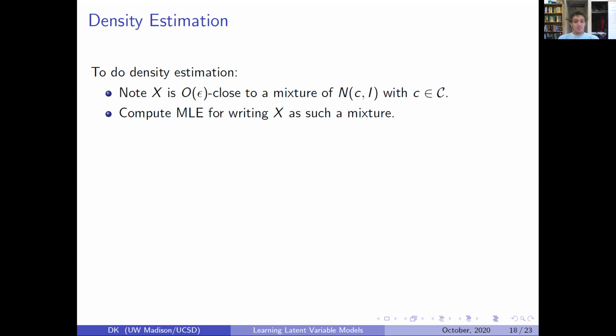So what we have is an explicit set of probability distributions, and we have an X that we're promised is close to a mixture of these distributions, and we want to learn X. And it turns out that that problem is solvable. You can, in fact, just compute a maximum likelihood estimator for X using a linear program.